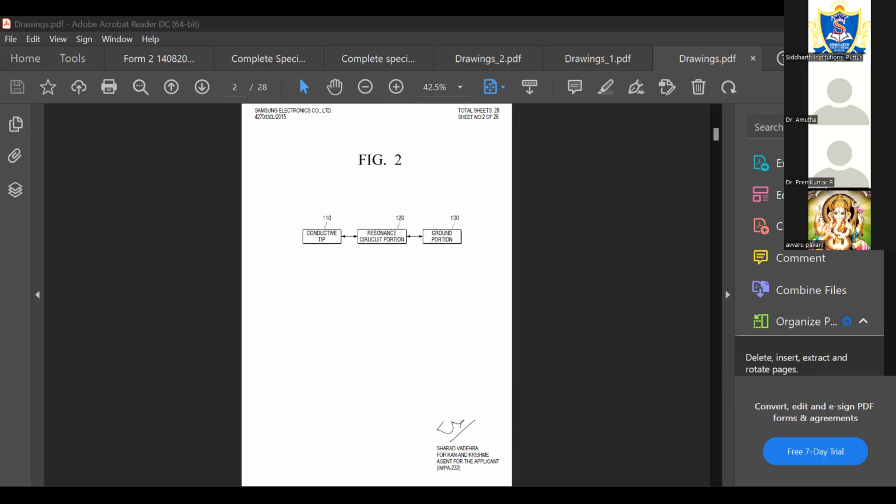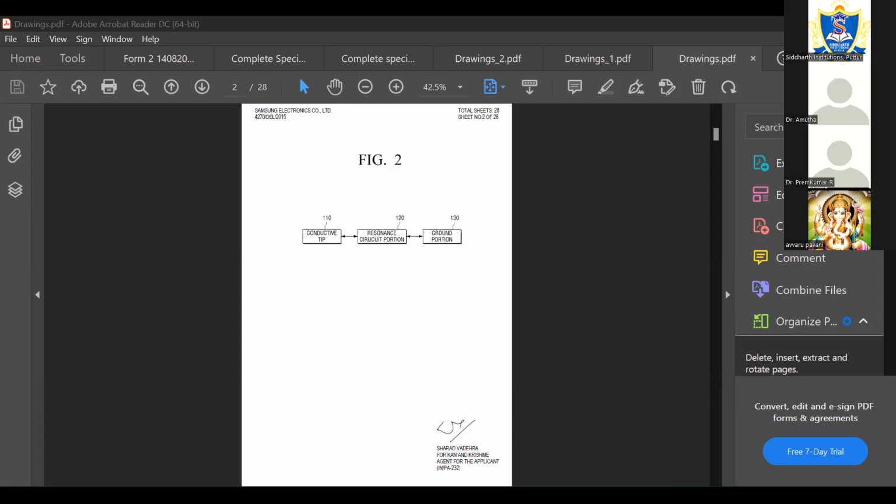Once the independent claim is not patented, then the dependent claim also will not be patented. But if you have two independent claims and one independent claim gets cancelled, you can go with the second independent claim also, if they allow it to be patented, and you can claim protection for that.